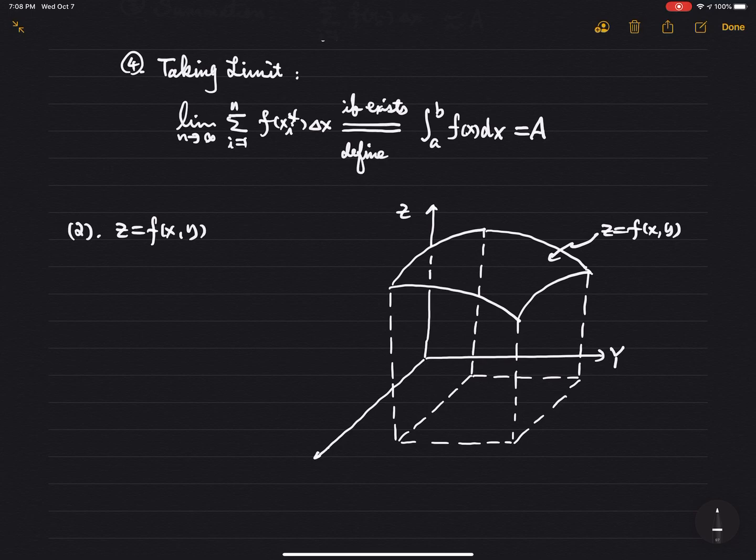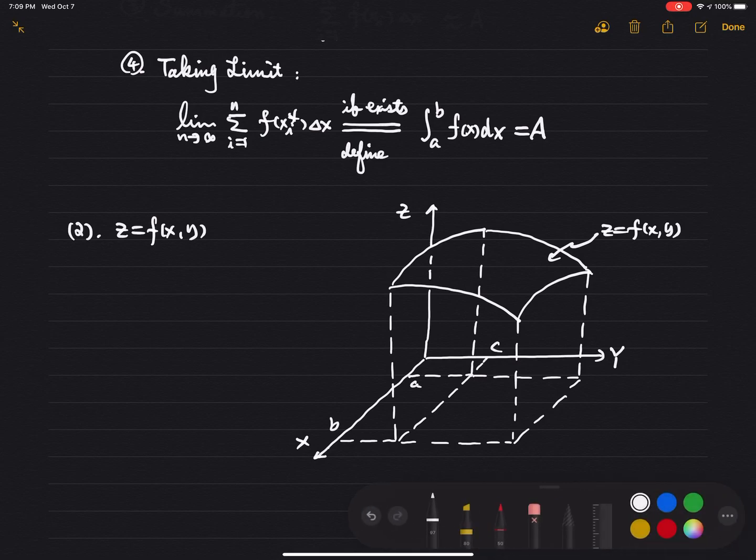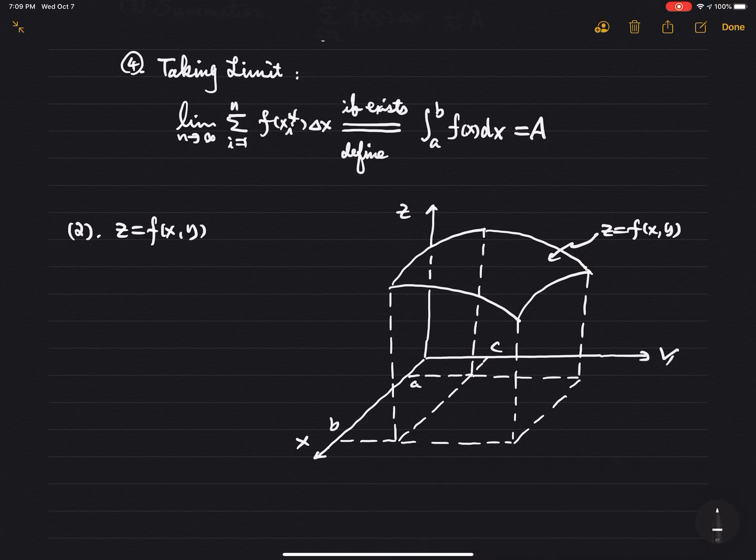Now, this is a function of two variables defined over a planar region. Suppose here this is a, and here is b. Here this is c, and I also need to make this a little bit longer. So this is d.